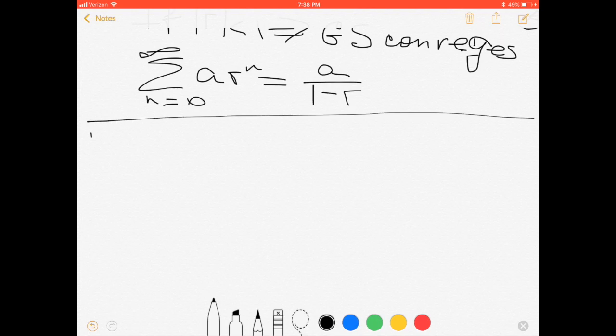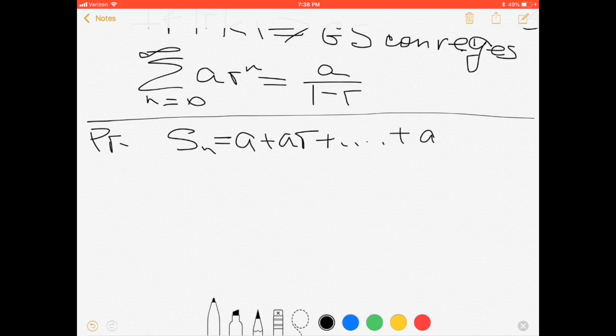Okay, proof. Let's take S_n. The partial sum means you add the first n terms. Here we have a plus ar plus and so on plus ar to the n.